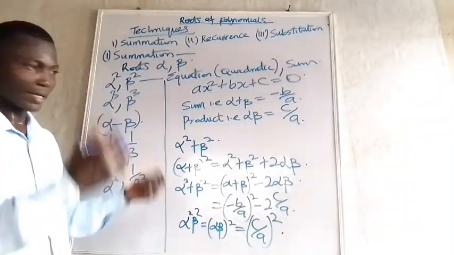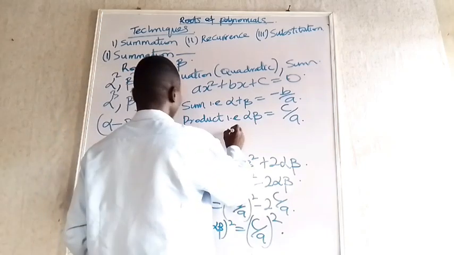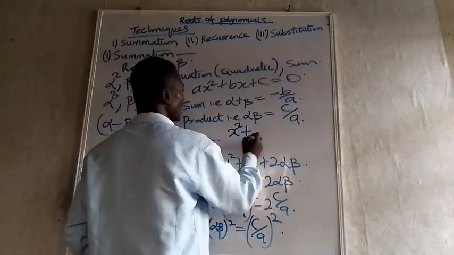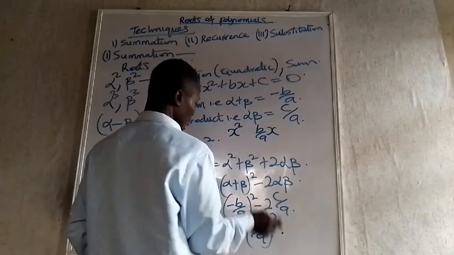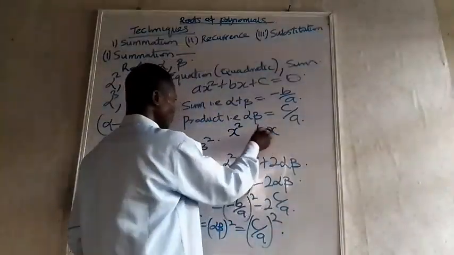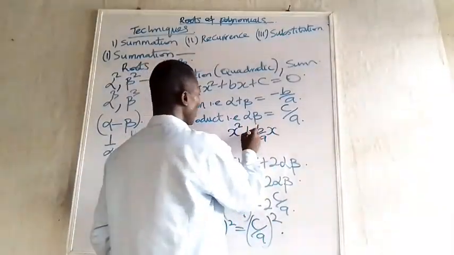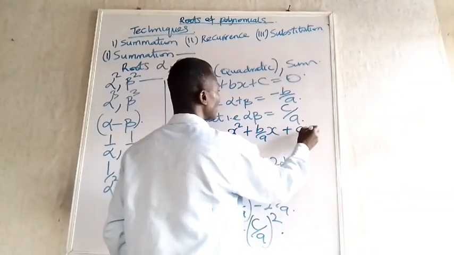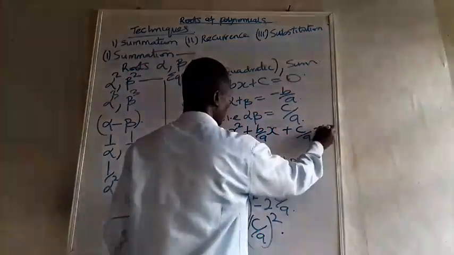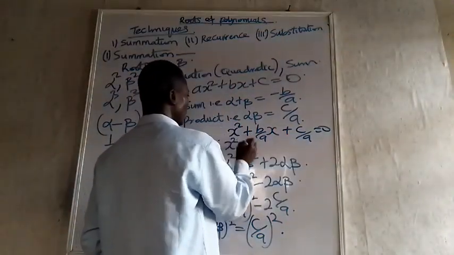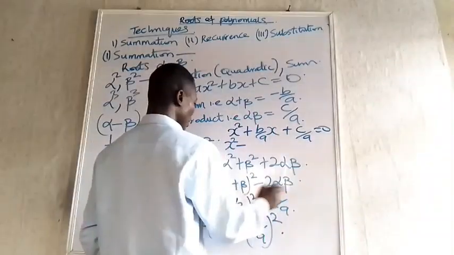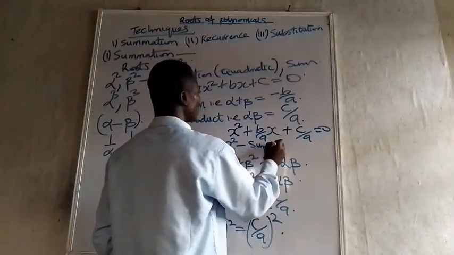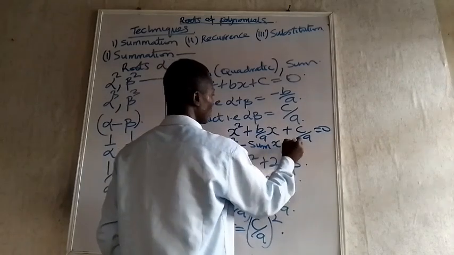Because we know that the quadratic equation is going to be x squared plus b over a x plus c over a. And that's going to be x squared minus the sum x plus the product.